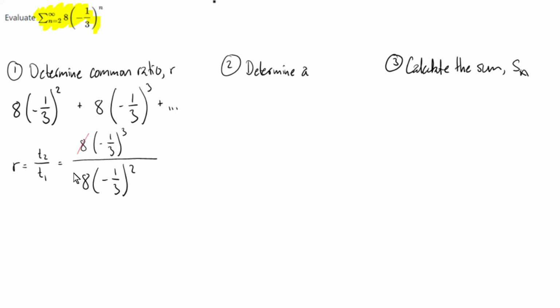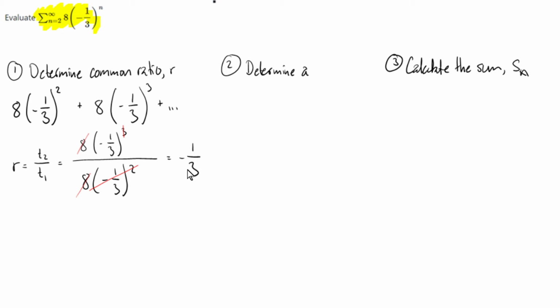We can now cancel the 2 eights, and using the exponent laws we can subtract the exponents, or we can think of it as 2 of the negative 1/3 cancelling against 2 of the negative 1/3 in the numerator, so we're only left with one single negative 1/3. So r equals negative 1/3.